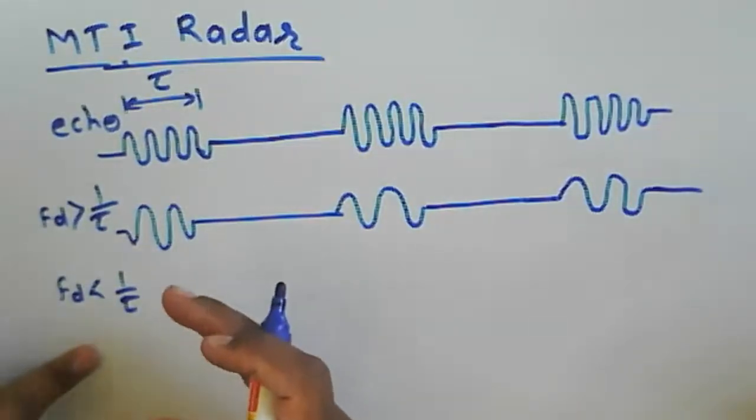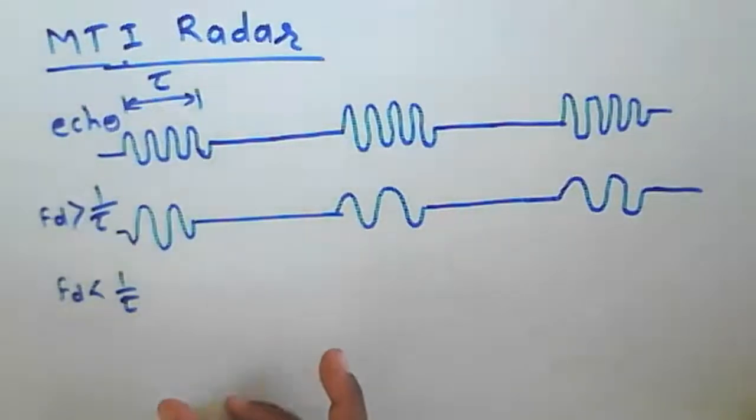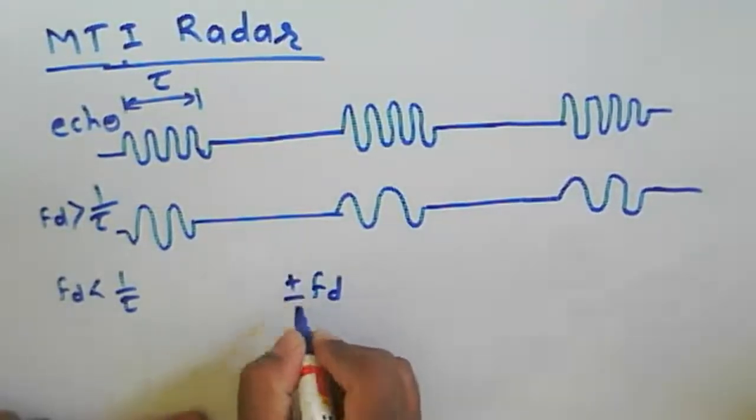Now this occurs whenever we have, you can say, a surveillance radar, and for a surveillance radar there may be a variation in fd, plus or minus.